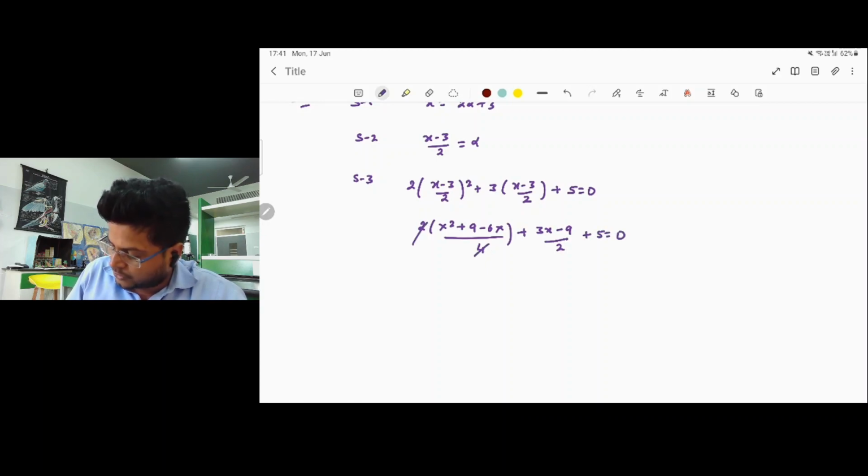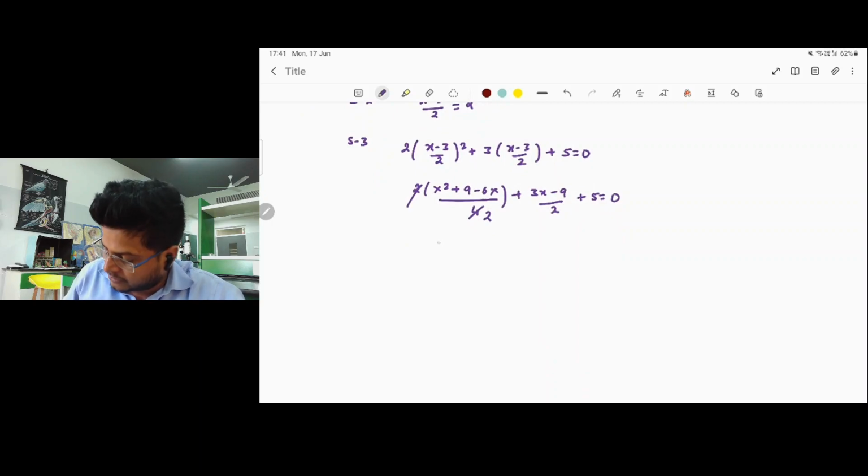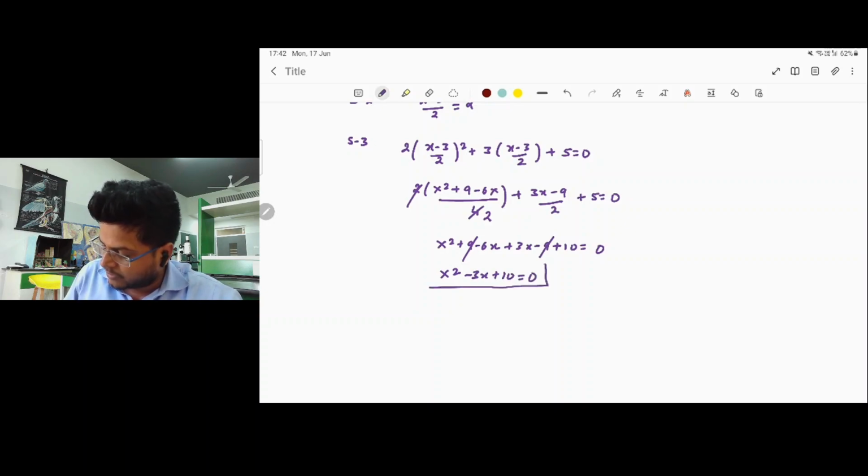So this will cancel 2 times. We can take LCM. So it will look like x square plus 9 minus 6x plus 3x minus 9 plus 10 equals 0. So ultimately we got x square, this 9 will get cancelled, minus 6x plus 3x gives you minus 3x, and plus 10 equals 0. So this is the required answer that we have got.